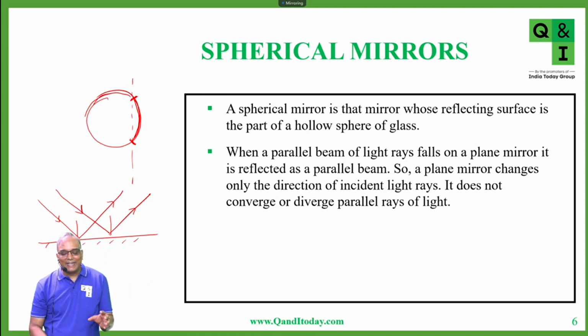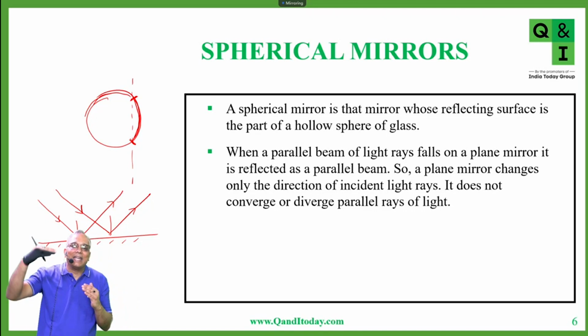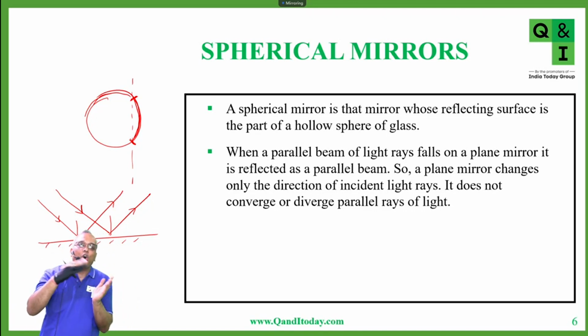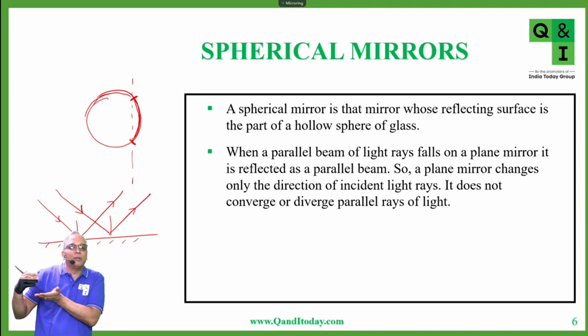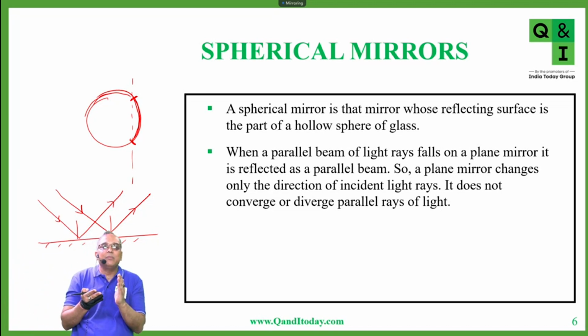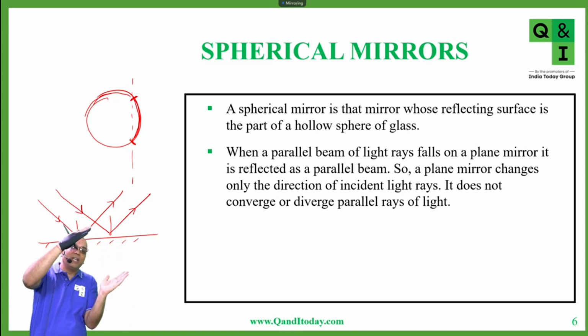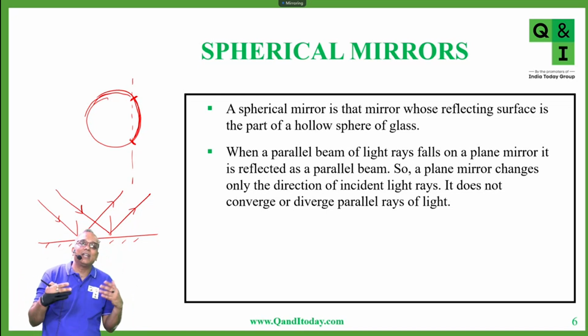But in the case of a spherical mirror, it will not be like this. In that case, the parallel light rays, after reflecting from a spherical mirror, either will converge at a point or will appear to diverge from a point. When it is converging at a point, it is called a converging mirror or concave mirror. And when it is diverging from a point, it becomes a convex mirror or a diverging mirror.